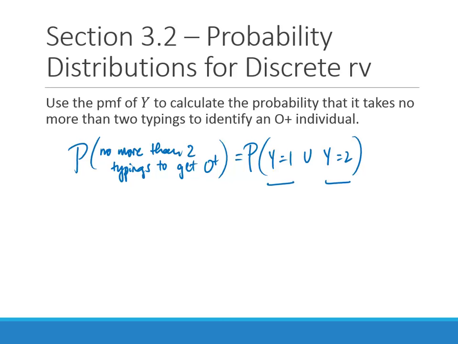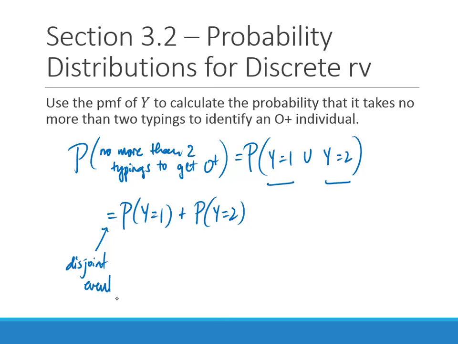So you guys probably see where this is going, but are those 2 events disjoint? Can they both happen at the same time? No, I can't get my first O positive in position 1 and my first one in position 2. So those 2 things can't happen together. So this is just the probability that Y equals 1 plus the probability that Y equals 2 because I have disjoint events.